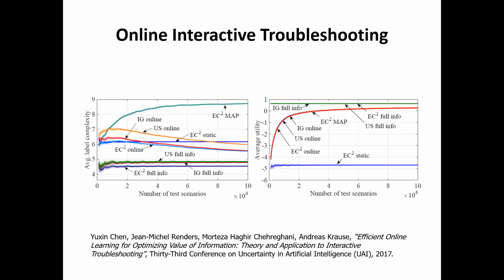So the online EC2, in order to learn the parameters of the system and take the decision for every problem instance, requires less interactions or questions or tests compared to uncertainty sampling and information gain. For more details and information about the results and also the theoretical aspects, you can have a look at this publication.